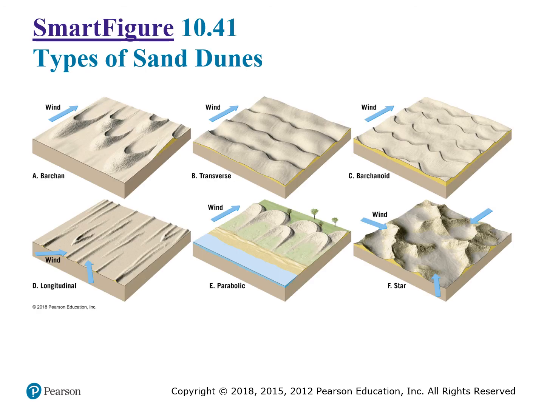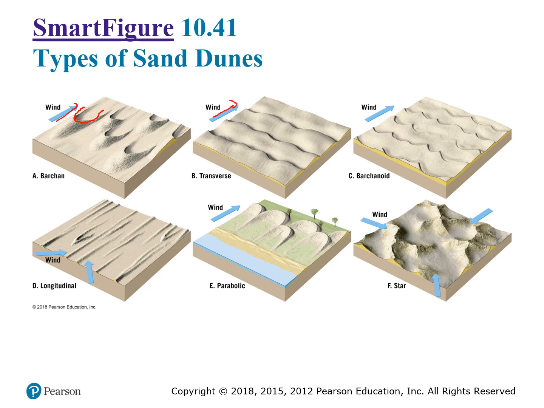Okay, so you can have barchan sand dunes, which have a crescent-type shape with the tips pointing downwind. So the wind direction is here. It's that crescent shape. Then there are the transverse dunes. Here you have the troughs oriented at right angles to the prevailing winds.